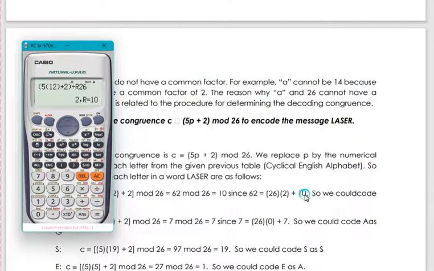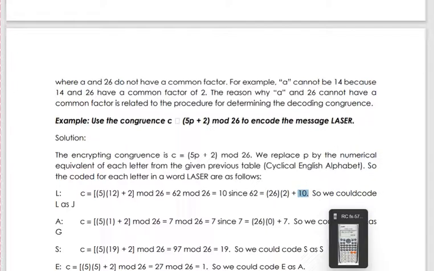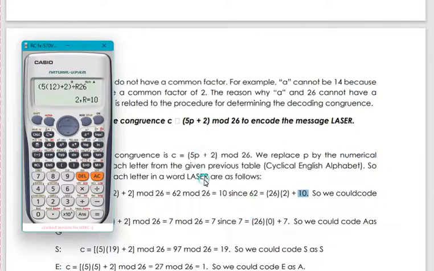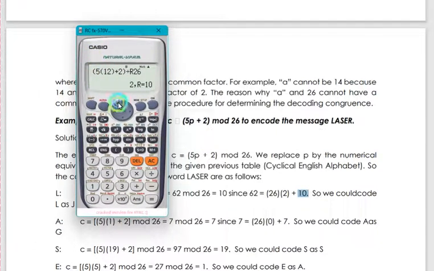So, the answer is 10. We have also A. A is, of course, A is 1. So, we have, just input 1. We have, our answer is 7. So, 7, this one. So, it is 7.